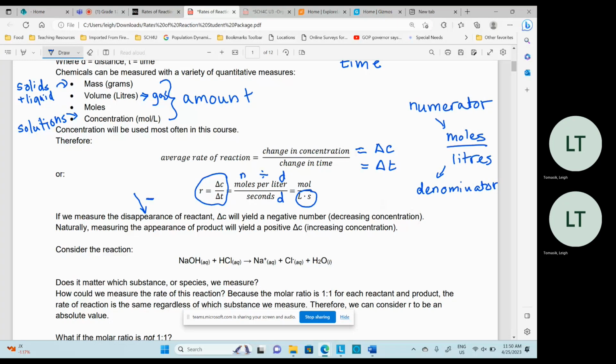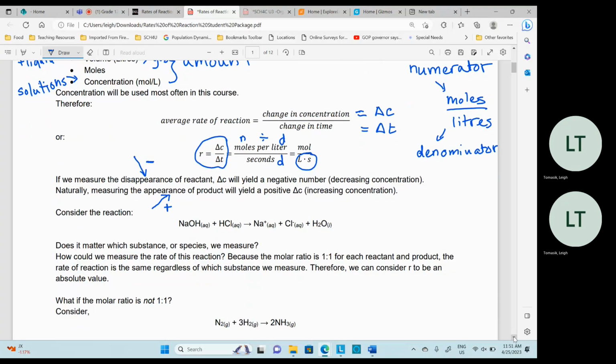Products appear, meaning as the reaction goes along, we get more of them, so our delta C will be positive. Our change in concentration will be positive. Consider this reaction. This is sodium hydroxide, which is a base, and hydrochloric acid, which is an acid.